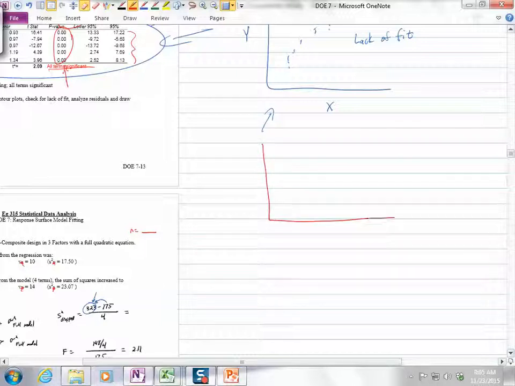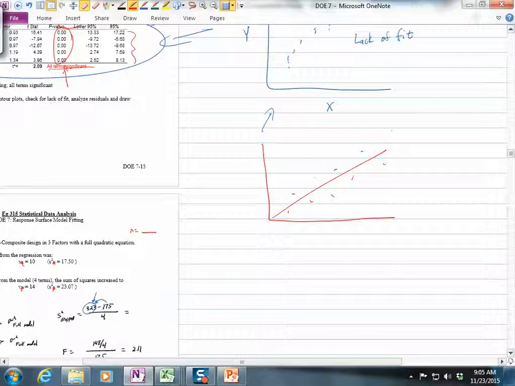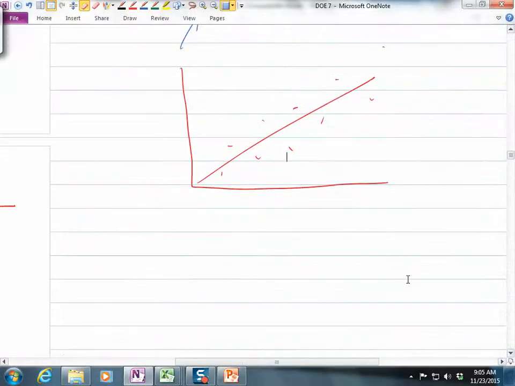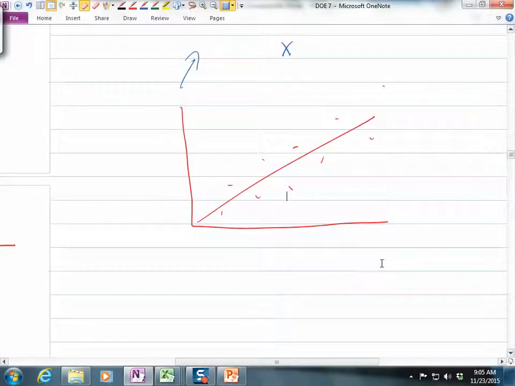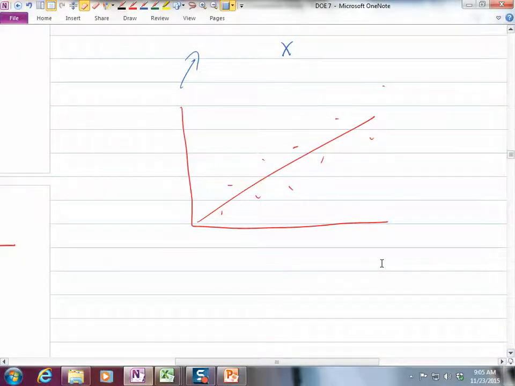So if we think about, let's say we have a line and we have some data points there, and we recognize that our SSE and our S squared are based on how far away that model was from each data point, right?